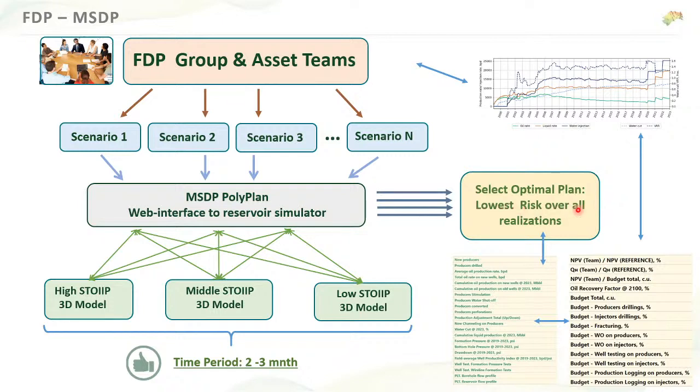What we mean by optimal is the one which has the lowest risk over all realizations. So basically, if we see that drilling a well in a particular part of the field gives good results, no matter which model or scenario we use, then that's definitely going to be part of the final FDP.